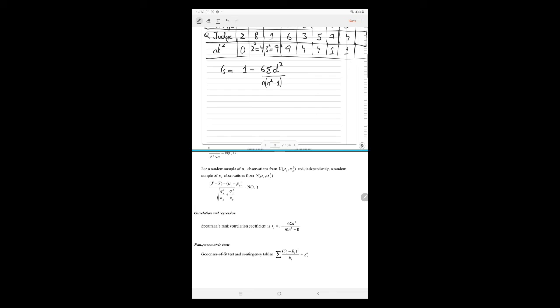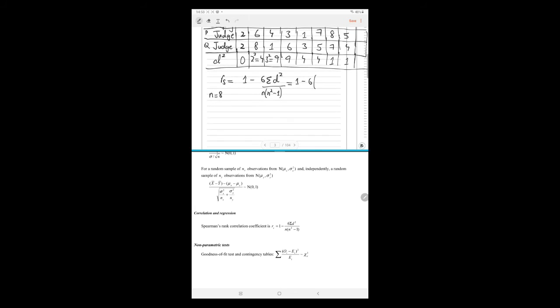So in our case, n is the sample size, which is 8. 1 minus 6 sum of d squared. So d squares we have found out. You just gotta sum these: 4 plus 9 plus 9 plus 9 plus 4 plus 4 plus 1 plus 1. Now this is all over the sample size 8 times 8 squared, which is 64, minus 1.